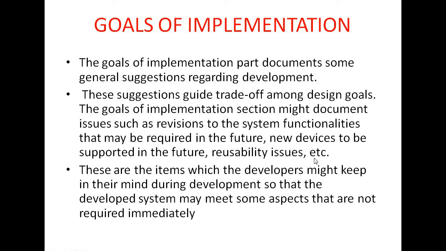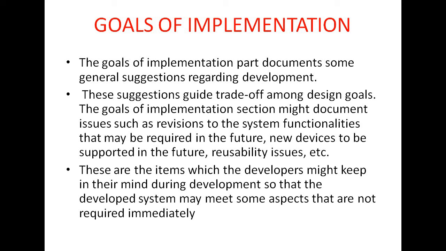What are the different things that are discussed in the goals of implementation phase are: what are the different new devices to be supported, what is the reusability of the software, what are the different new functionality supported to the software in future, that must be discussed in the goals of implementation. Okay, after implementation, what are the different things that must be added into the software, what are the different add-ons.